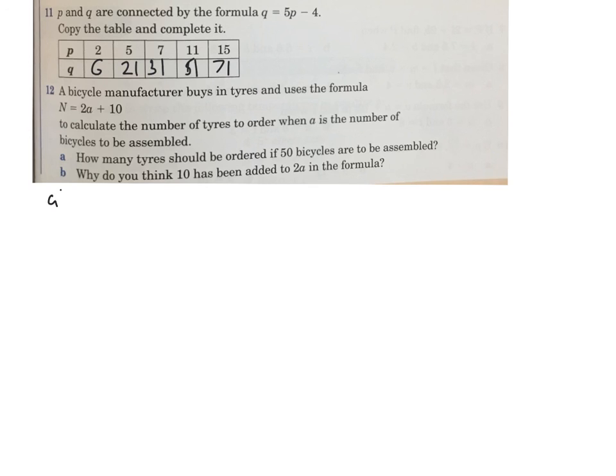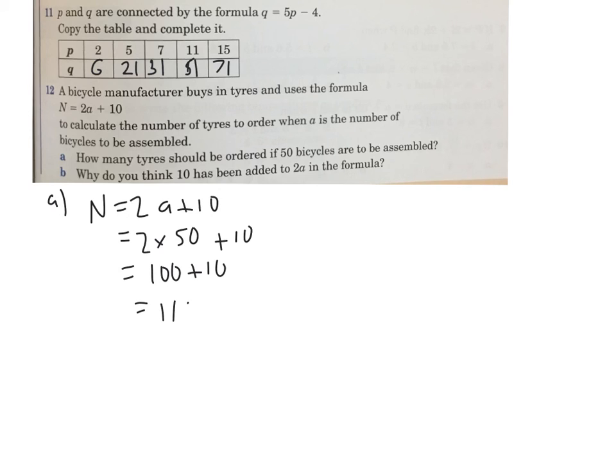Part a, how many tires should be ordered if 50 bicycles are to be assembled? So n equals 2a plus 10. a is the number of bicycles to be assembled, and part a says it's 50. So that's 2 50s plus 10 extra. So it's 100 plus 10, which is 110.